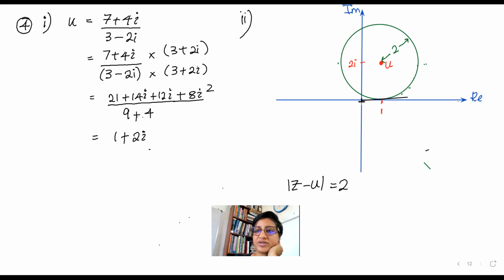Argument is like, for a z here, that's the argument. For a z right here, that's the argument. For a z here, that's the argument. For a z here, that's the argument. Argument means think of the angle between the positive real axis and this line that I'm drawing. For a point z here, that's that angle.